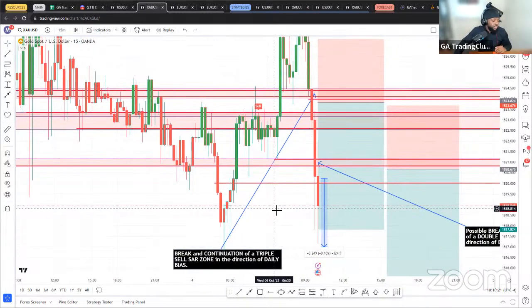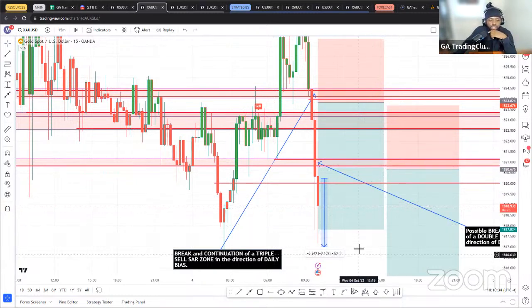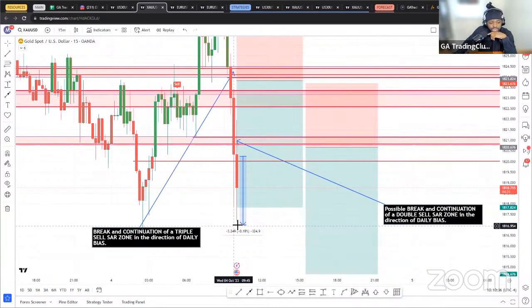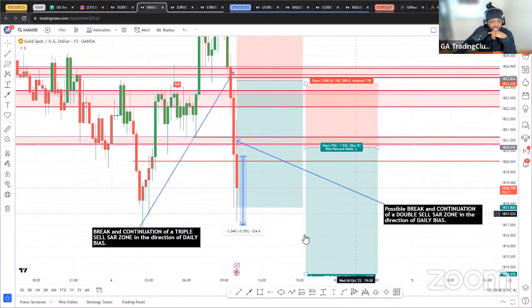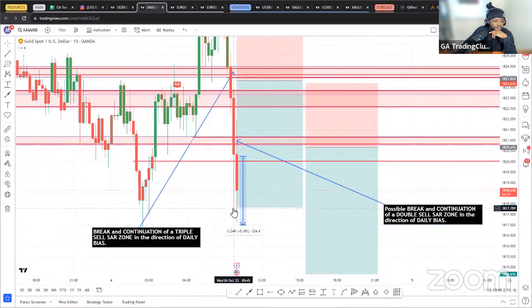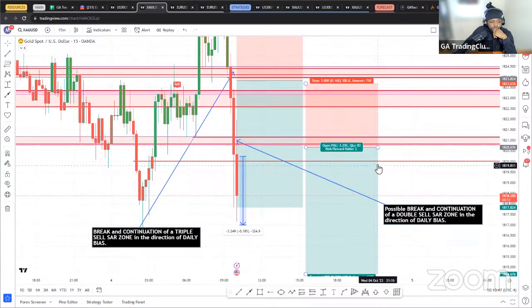So the key thing is for you guys to always first understand the strategy, and then afterwards go ahead and backtest and see where you could have entered. So this trade still hasn't yet reached that 1:1. So I'm just hoping something happens and gold pumps up just a little bit, and we can catch that gold sell.